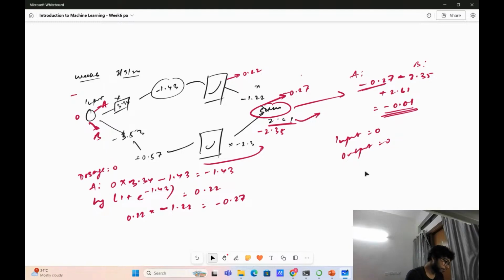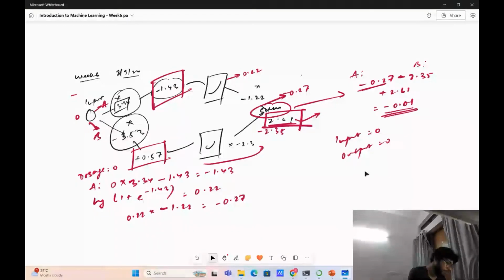Let me tell you, all those which I have marked in a red box are the bias terms, and all those shown with black circles are the weights.